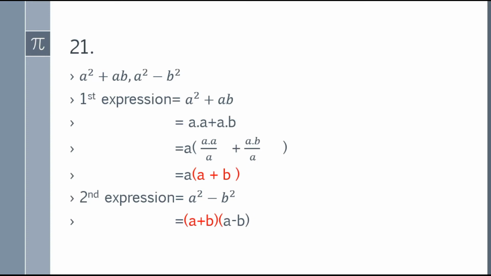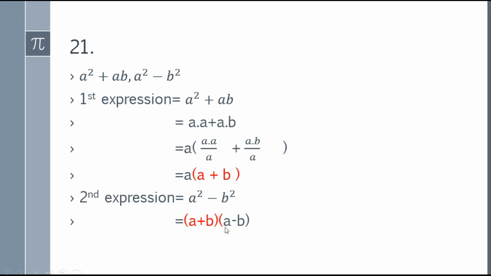And then what can you do? We have to find H.C.F. H.C.F means highest common factor. That means you have to find what is common in both of the terms, the highest common one. Okay. So what is highest common here? a plus b, and a minus b. There is nothing common. A is here, but there is no a here. If you say a minus b, no, that should be a single a, and that should be in multiplicative form.